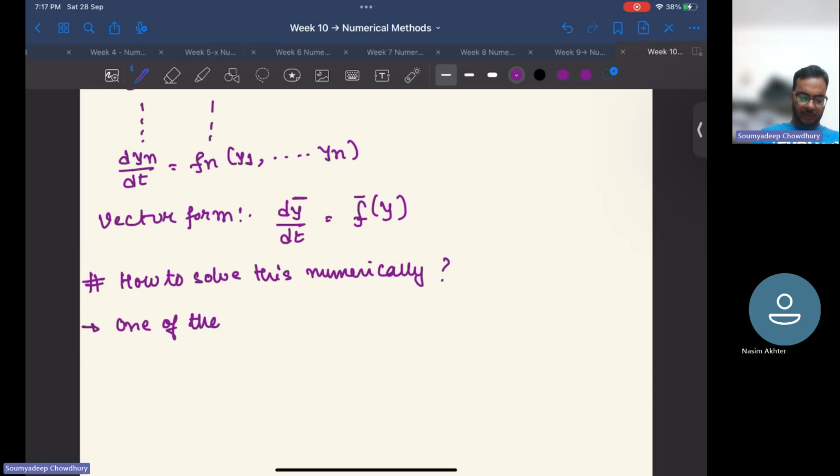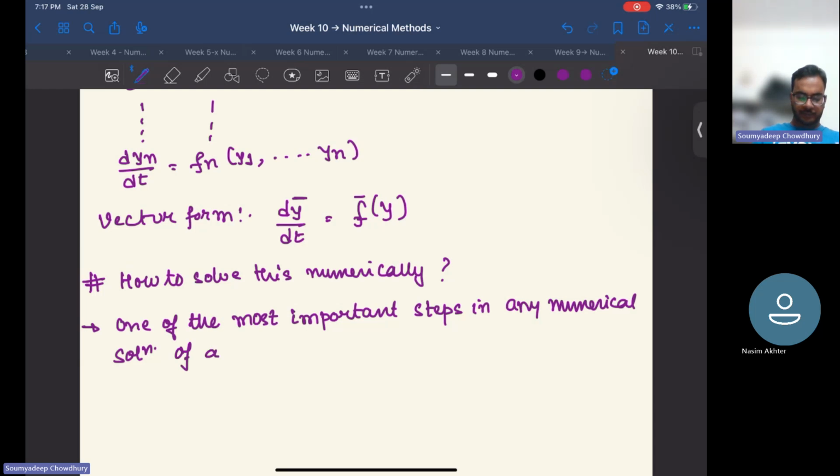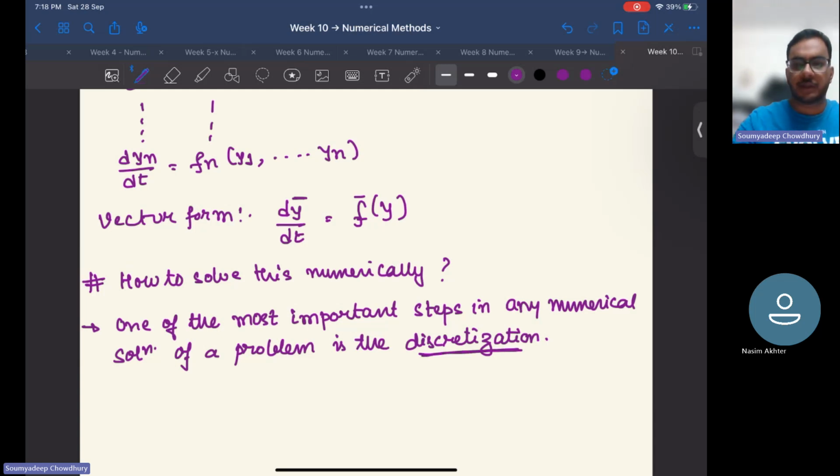So one of the most important steps in any numerical solution of a problem is the discretization. So discretization is your main thing.